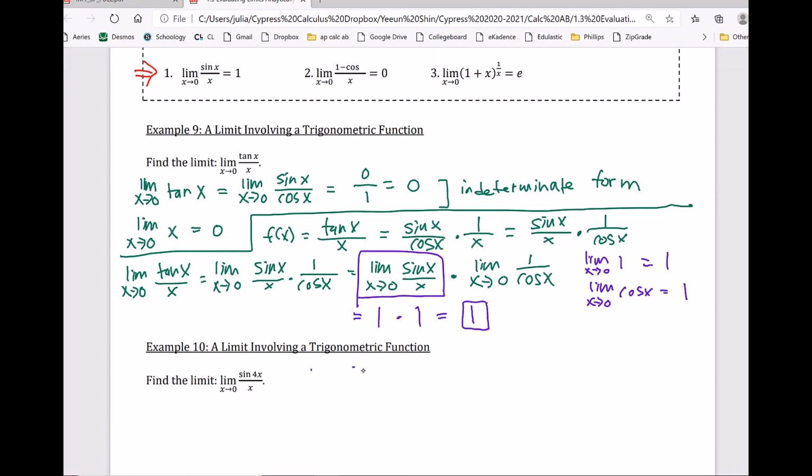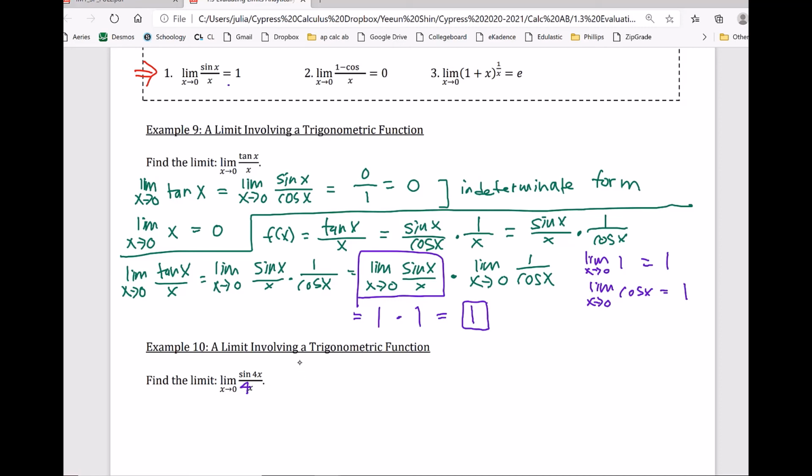So if you have an issue like this, where I feel like I can match that up pretty well, but the sine of 4x and the x are not matching up, all I would have to do really to match this up is put a 4 there.